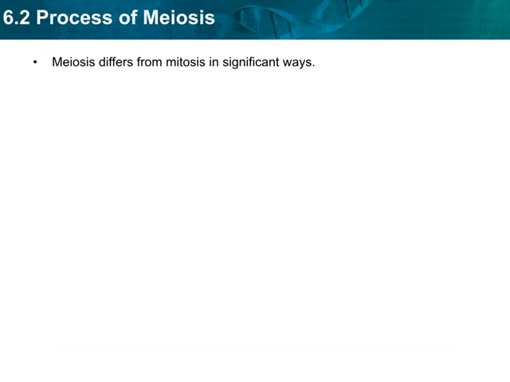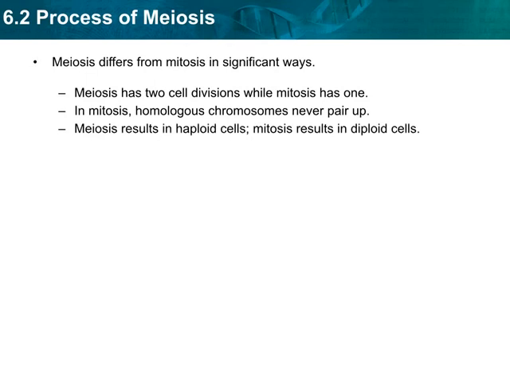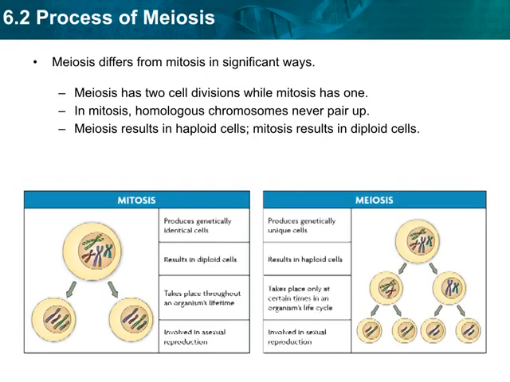Meiosis differs from mitosis in a number of significant ways. Meiosis has 2 cell divisions, mitosis has 1. In mitosis, homologous chromosomes never pair up. Meiosis results in haploids. Mitosis results in diploid cells. Here we have mitosis, produces genetically identical cells, results in a diploid to a diploid, takes place throughout the organism's life.